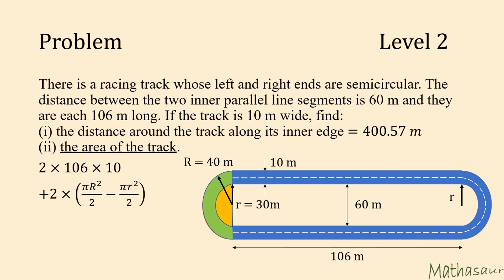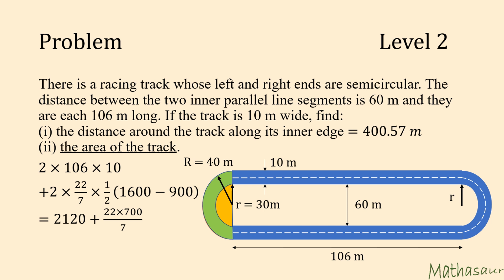So pi capital R square by 2 minus pi small r square by 2. Let us take pi and 1 by 2 common and substitute the values for capital R and small r. Let us simplify. And we see that the area of the track is 4,320 meters square.